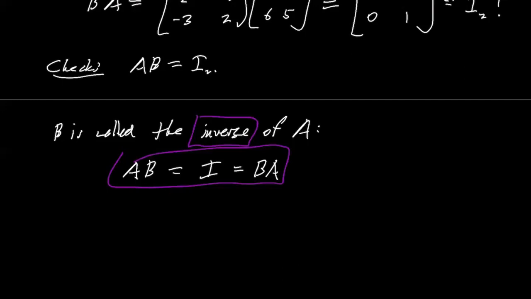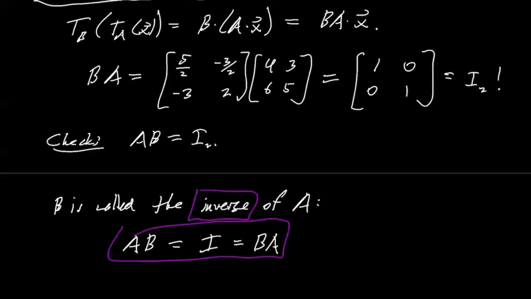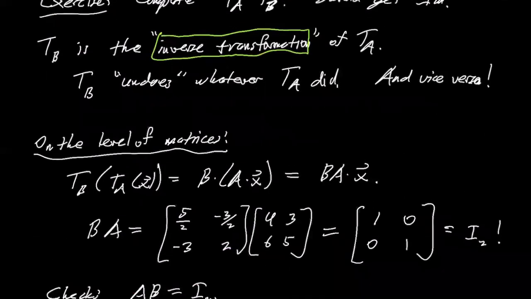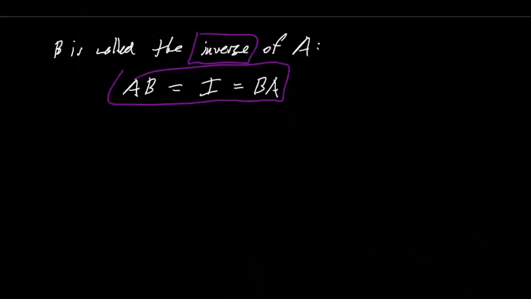And we denote it, actually, I should have even said this up above when we talked about the inverse transformation. We write here that T sub B is T sub A inverse, and we usually use the -1 power for inverse. And similarly down here, we write B equals A inverse.